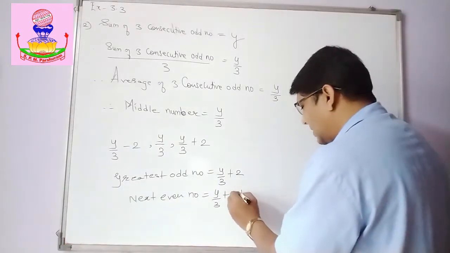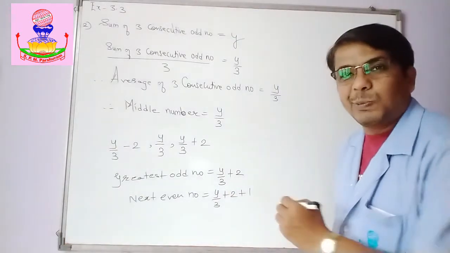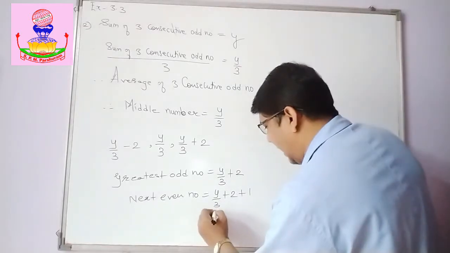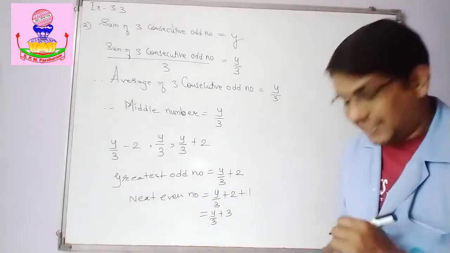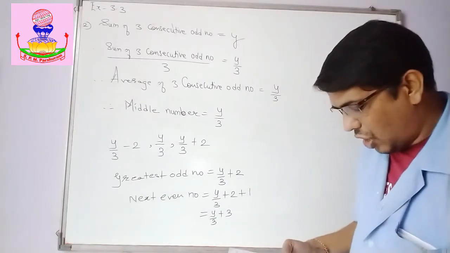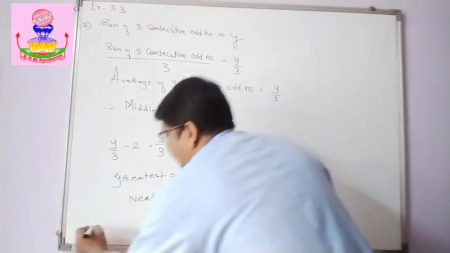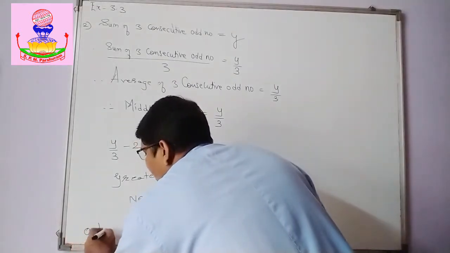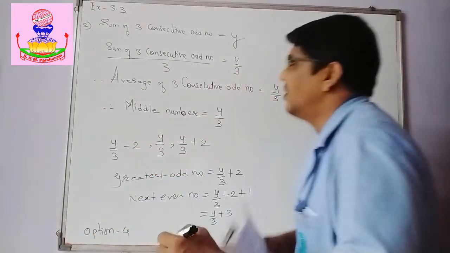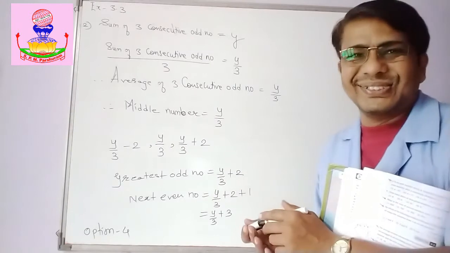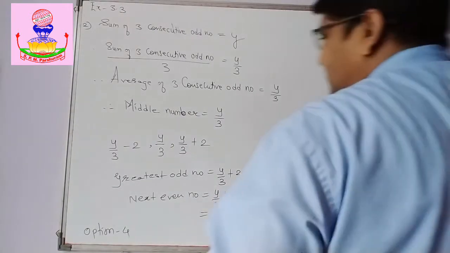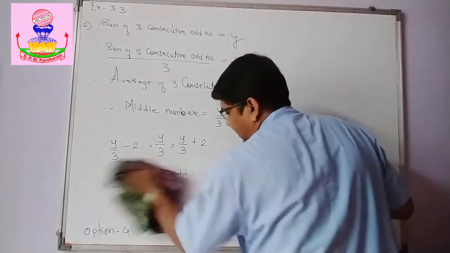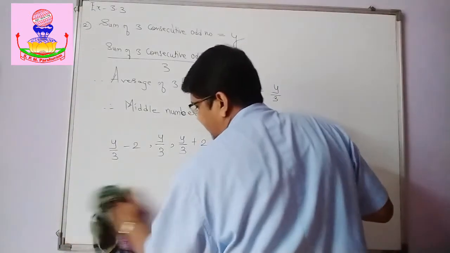So, plus 1. So, 2 plus 1, 3. So, y upon 3 plus 3. That is the answer. And so, option number, yes, exactly, option 4. I hope you have understood, right? Now, next. Let's go for the next example.